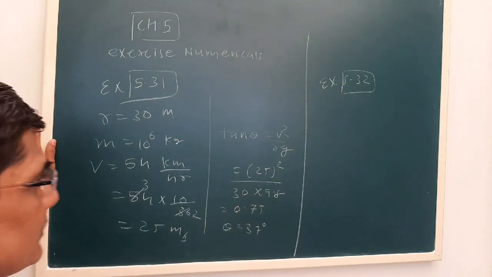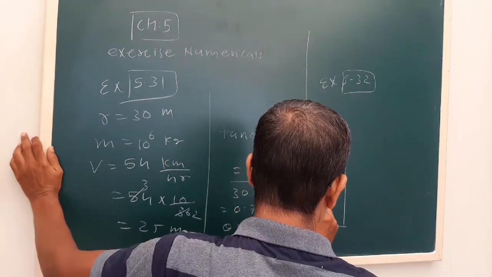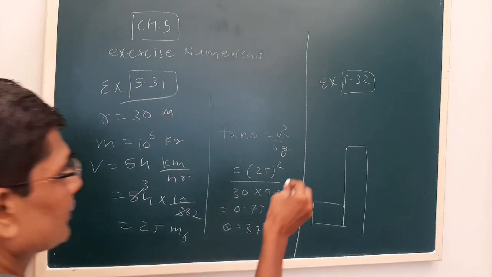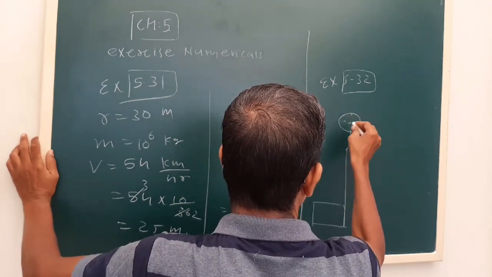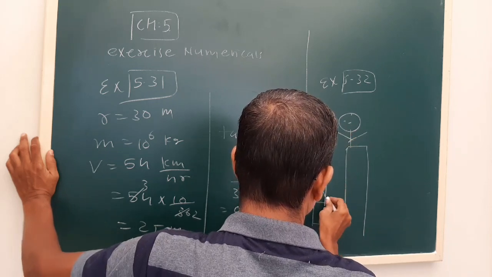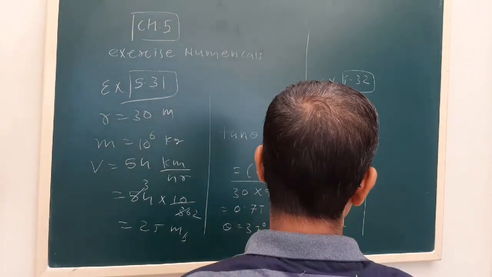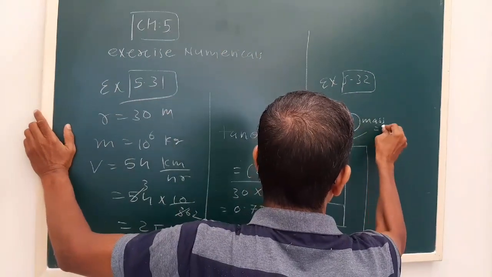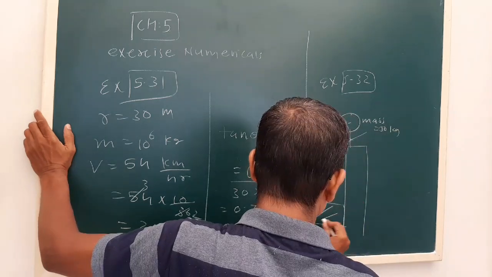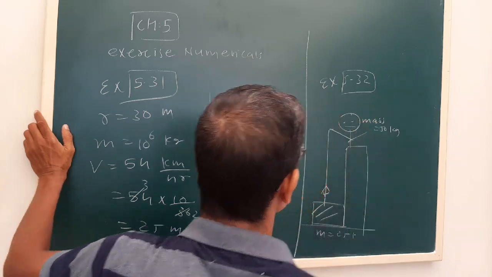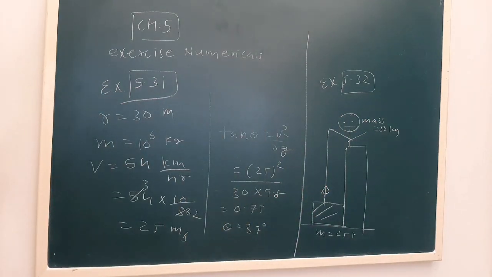Now the question is that, suppose a peak is there. A person tries to carry this weight upwards. Mass of the person is 50 kg and the mass of the block is 25 kg. What is the reaction?